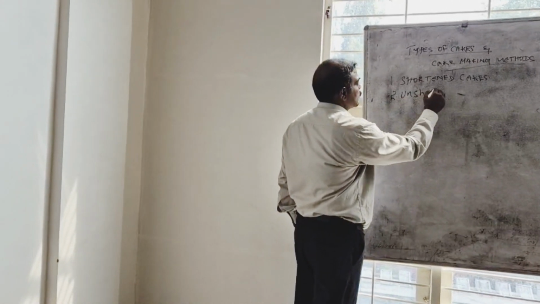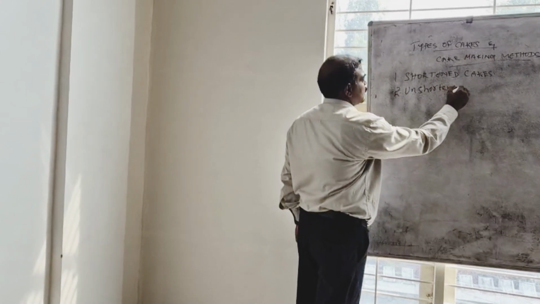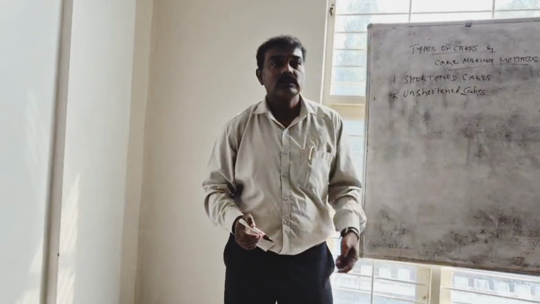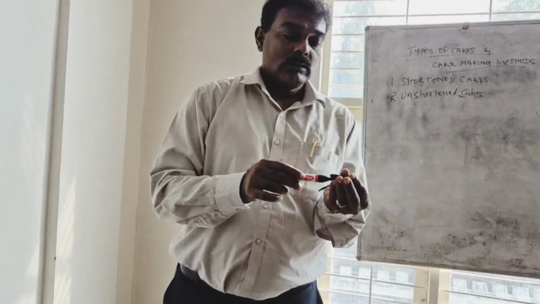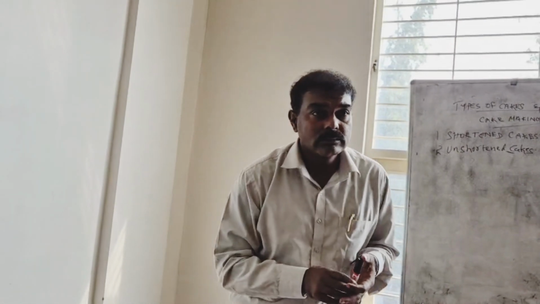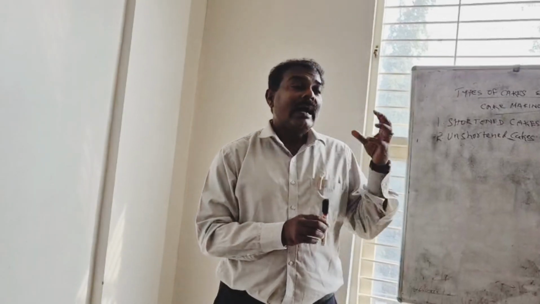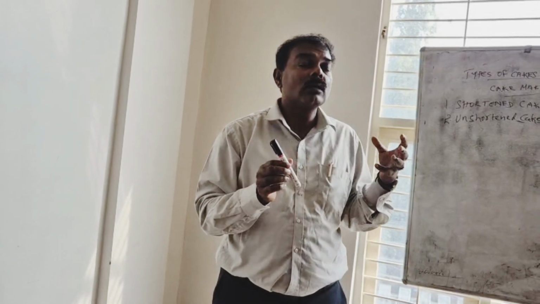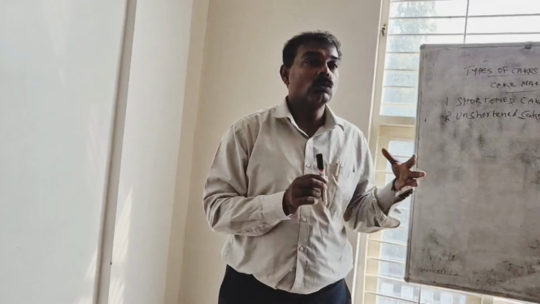Unshortened. Sir, shortened, how is it related to shortened bread, meaning fat? Shortening. All fats and oils are called shortenings. Why? Because fat and oil has a tendency to break the gluten structure in the dough.